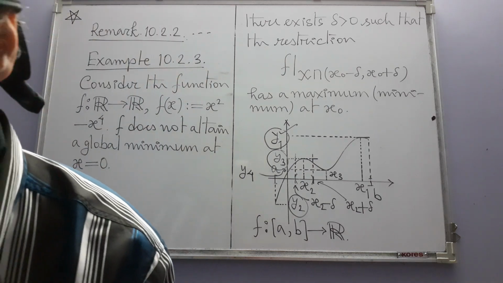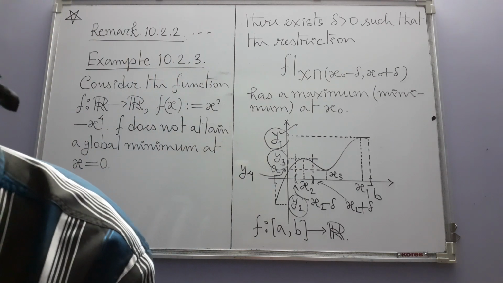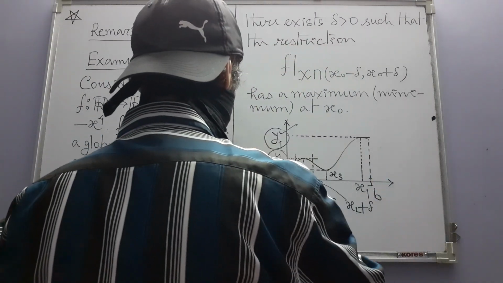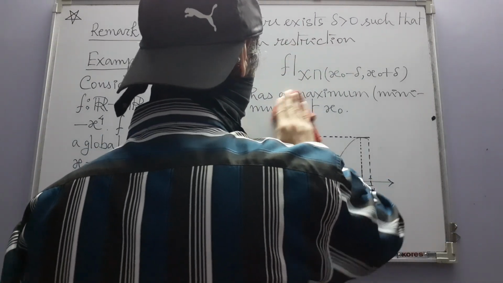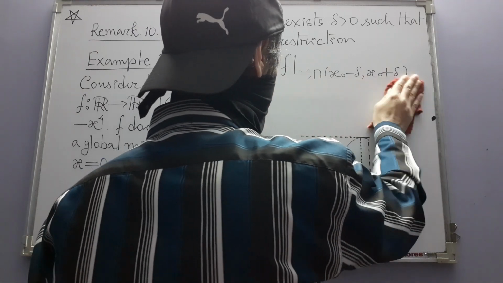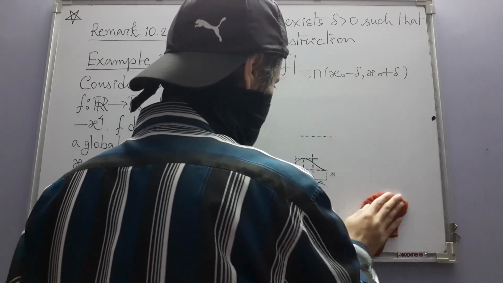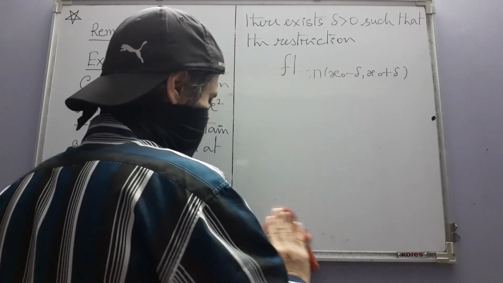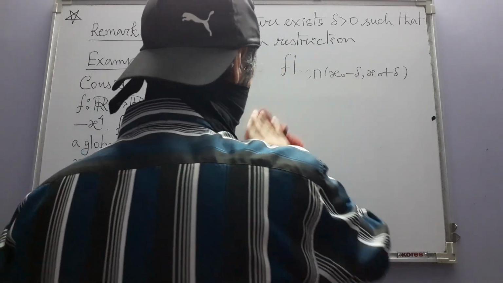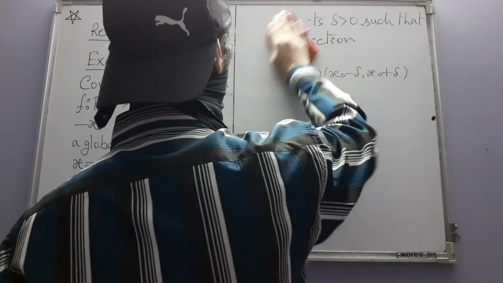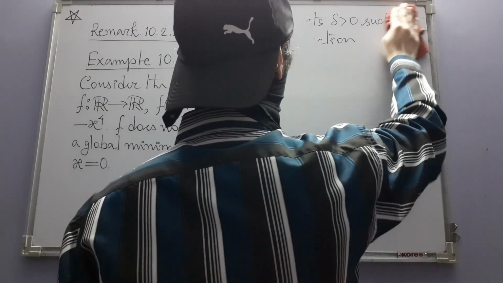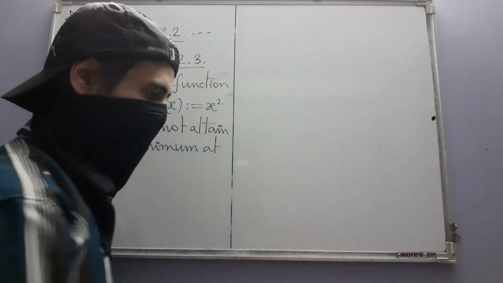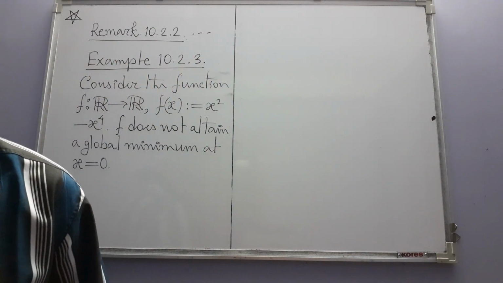Let me just draw the rough shape of the graph of this function. Although the graph is not there in the text, it's just a matter of drawing. You can see how the graph looks if you use a graphing facility, or if you want you can plot points and try to see it for yourself also. The graph roughly looks like this.